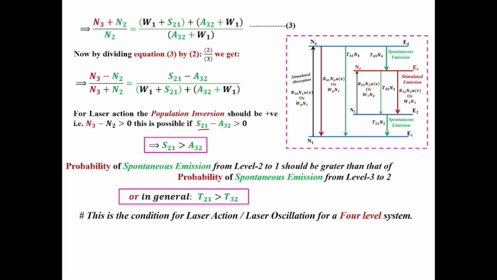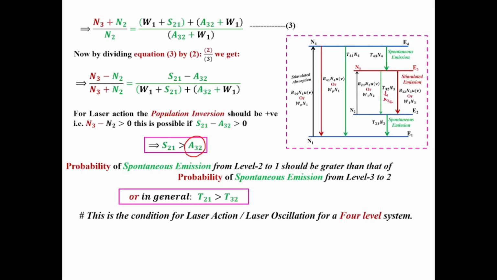So if S21 is greater than A32, then the laser action or laser oscillation will start in a 4-level laser system. What is the meaning of S21? S21 represents the spontaneous emission from level 2 to 1, which is non-radiative, and should be faster than A32. What is A32?